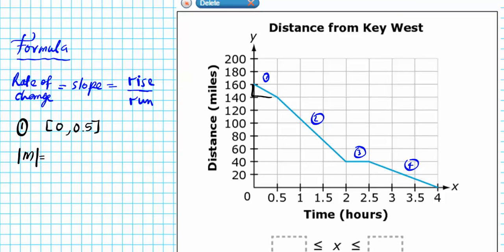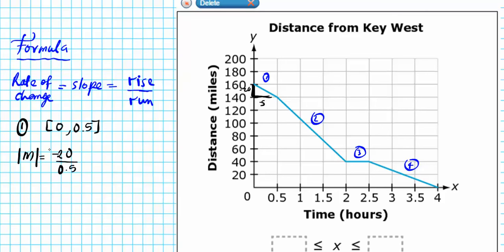So we're looking at 160 minus 140, that's 20, that's your rise, divided by a run, it's negative 20, and then 0.5 minus 0 is just 0.5. So you have 0.5 here, and you have 20 over there. So that's your slope, negative 20.